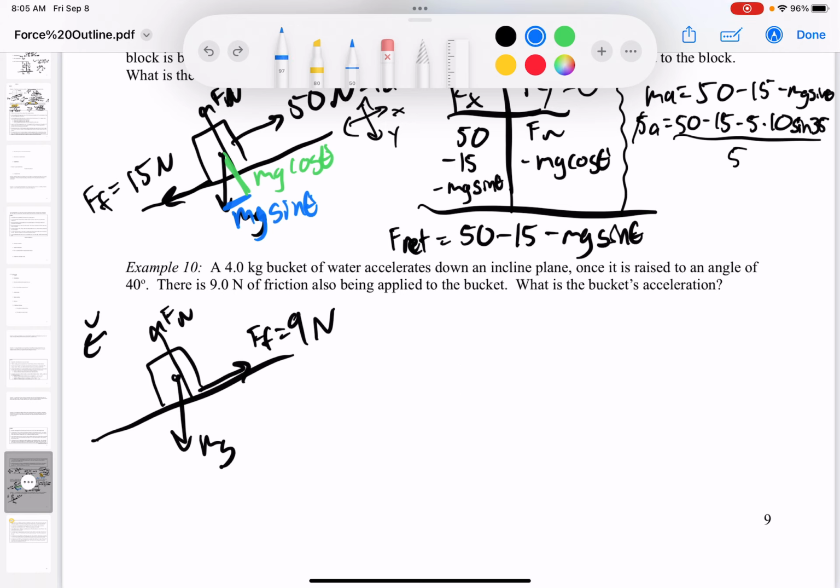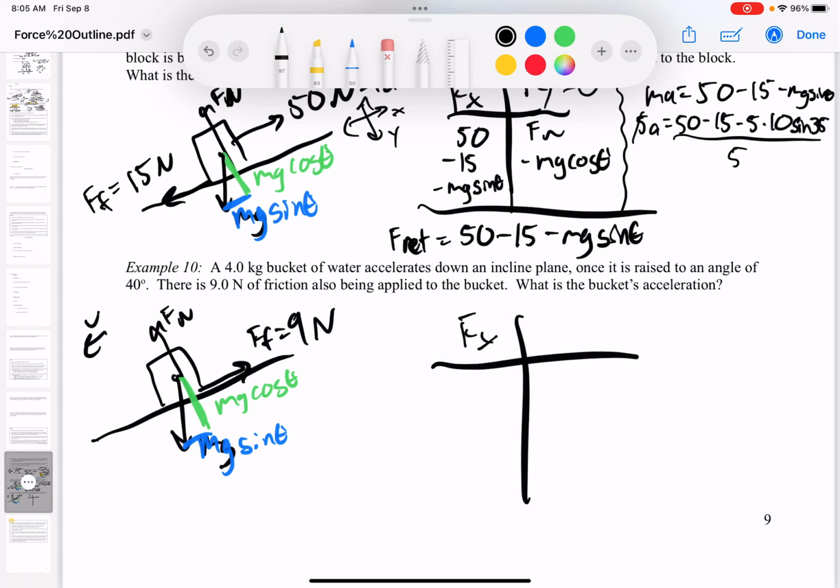Now, once again, we need to split mg into 2 components. So my blue component is just going to be mg sine theta, and then my green component is mg cosine theta. Okay. Now, once again, we're going to make an xy chart. In the x direction, I'm going to have 9, okay, and then I'm going to have also minus mg sine theta.